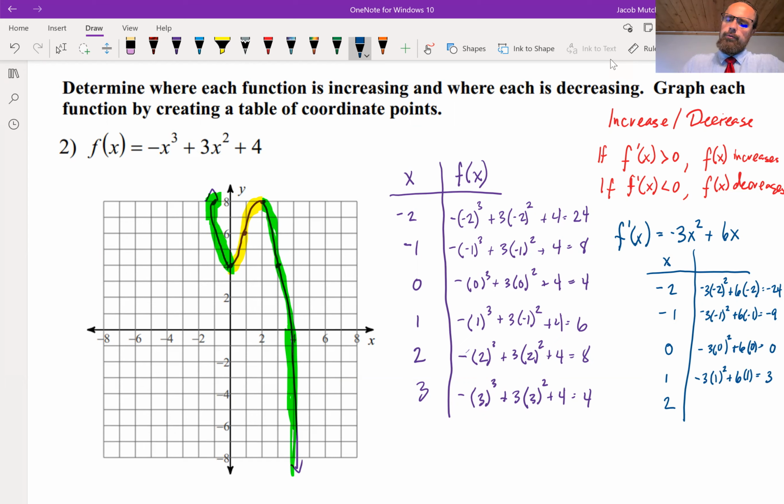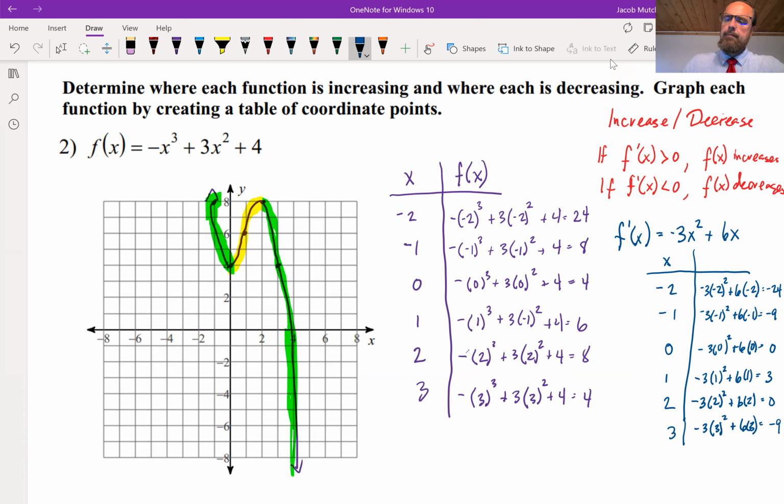And at 2, let's see what the output is there. So I'm going to plug in 2 squared. So that's negative 12 plus 6 times 2 is positive 12. That's back to 0. Let's also calculate it at 3. So negative 3 times 3 squared plus 6 times 3. So that's going to be negative 27 plus 18, which is negative 9.